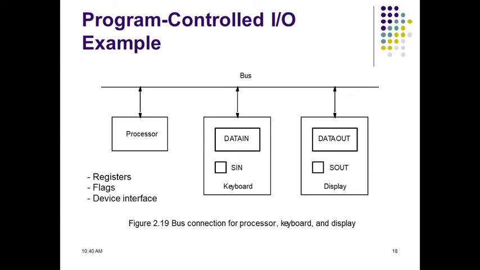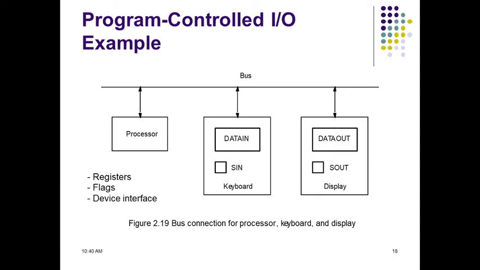Here a program monitors SIN, continuously. When SIN is set to 1, the processor reads the content of DATAIN. If SIN is set to 1, it indicates a valid character is there in DATAIN, so the processor will read that character from the DATAIN register.